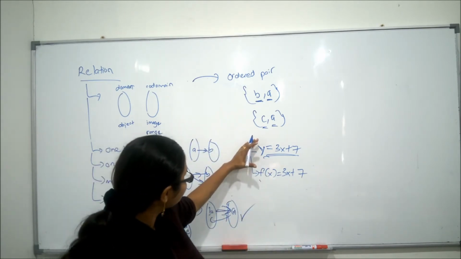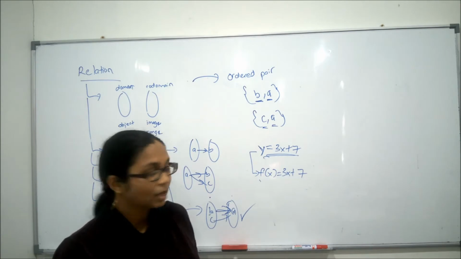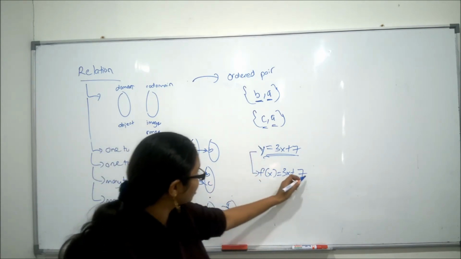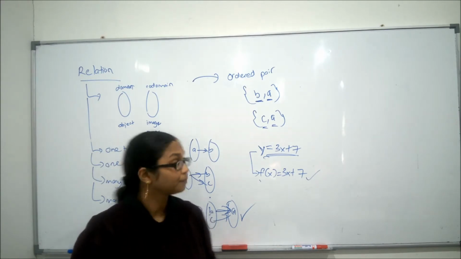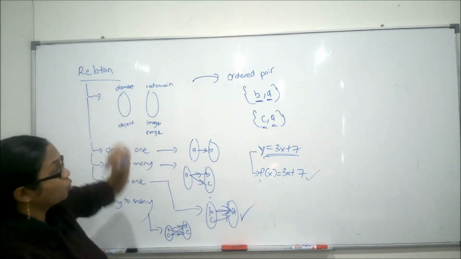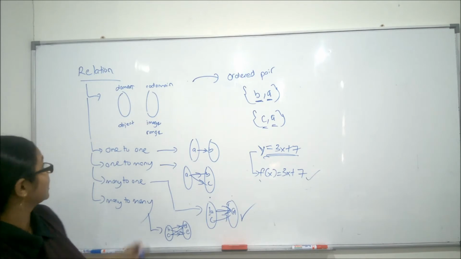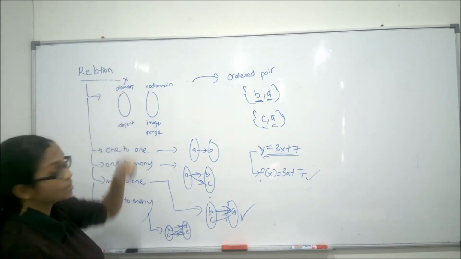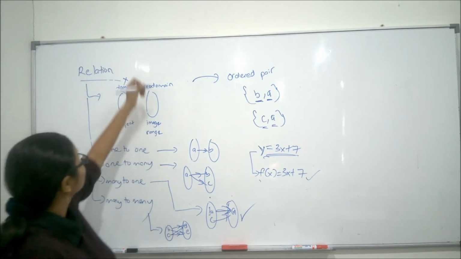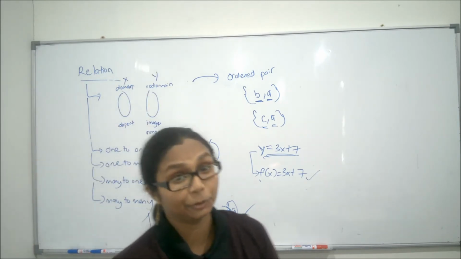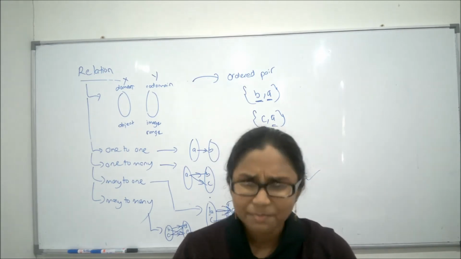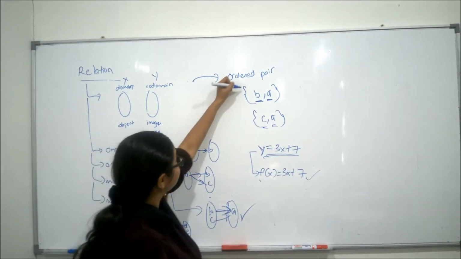If you rewrite an equation in a function form, then you call this a function notation. So your domain and codomain, what does it actually represent? Domain is your x values. Codomain is your corresponding y value. Simple? Let's move on.